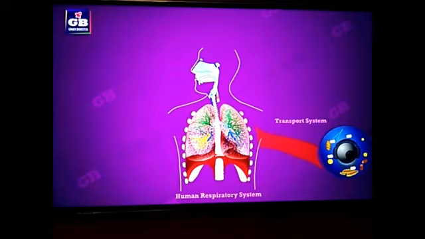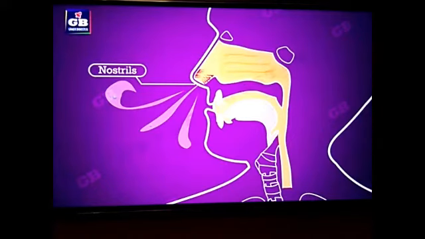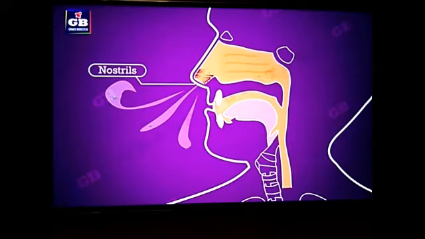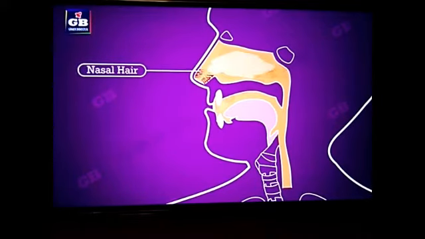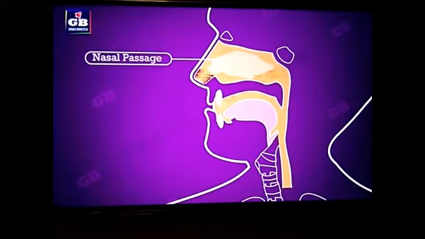The human respiratory system begins with a pair of nostrils through which air enters our body. Nostrils are lined by fine hairs to filter the dust that enters. Nostrils lead to the nasal passage, which is meant to humidify the air.